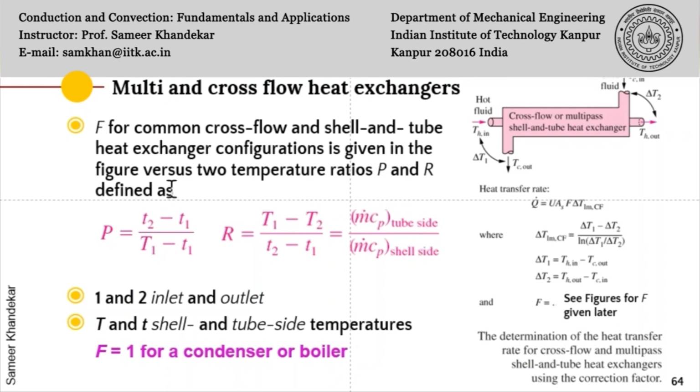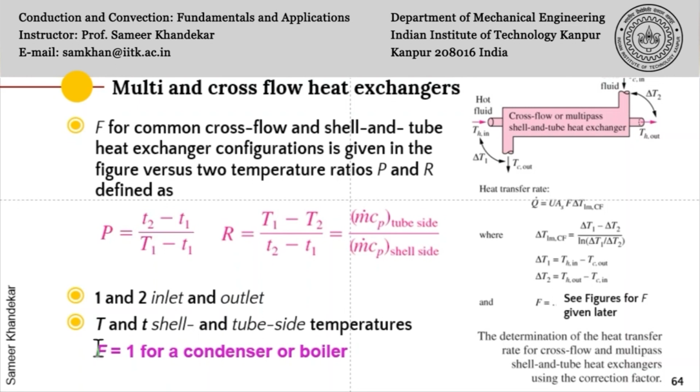Since you know the temperatures, you will be able to find P and R, and once P and R are known, the F can be read directly from the figures. Just note that the subscripts 2 and 1 represent outlet and inlet, and the capital T and the small t represent the shell side and the tube side temperatures.